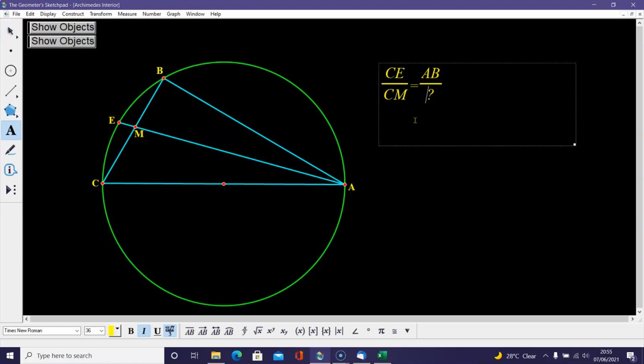So AB, and then it's going to be over the length from C to N. Well, that's going to have to relate to A to N, which is why I needed that measurement. So using that arithmetic, I know that CE, the value I'm looking for, is going to be AB, known, times CN, known, then divided by A to N, a known value.